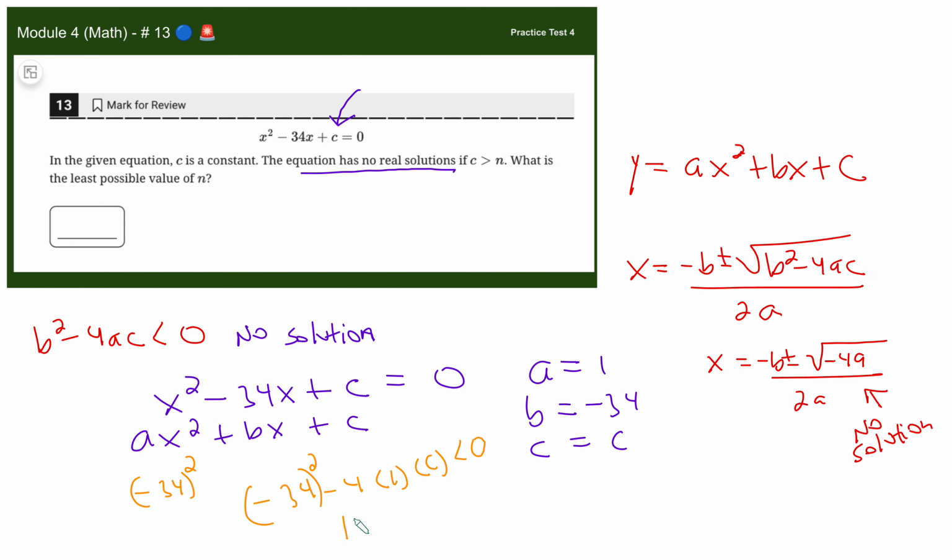So we have 1,156 minus 4c less than 0. Now let's get c by itself.